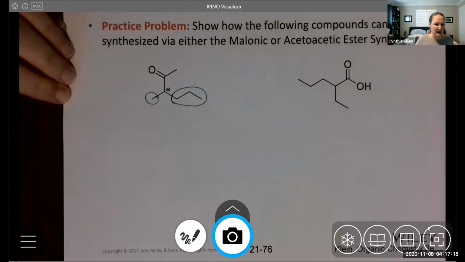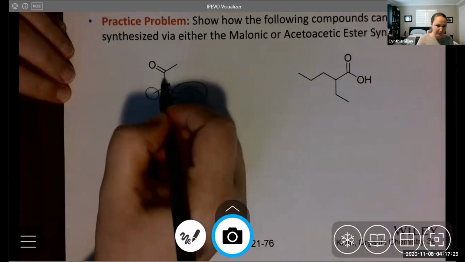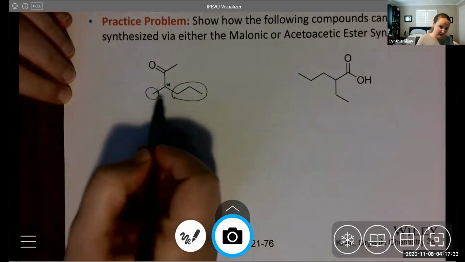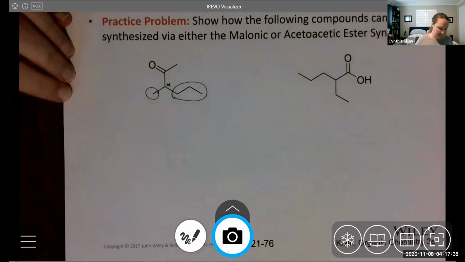So that's something to think about. And if we want to make a methyl ketone, then we want to use the acetoacetic ester synthesis. And because we're introducing two alkyl groups, we're going to do the double alkylation process.